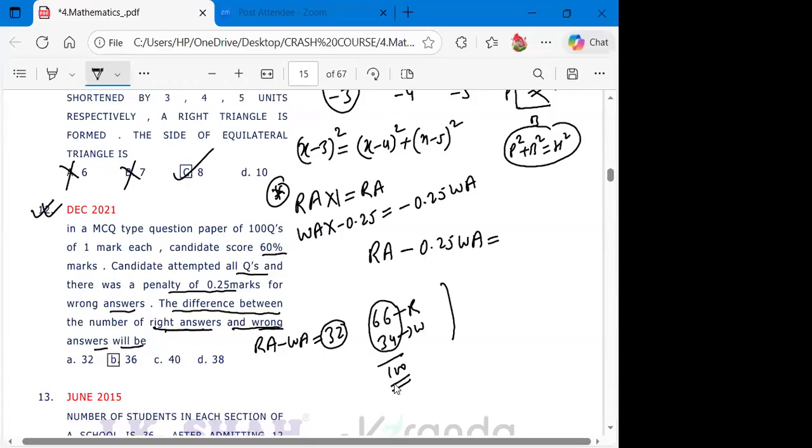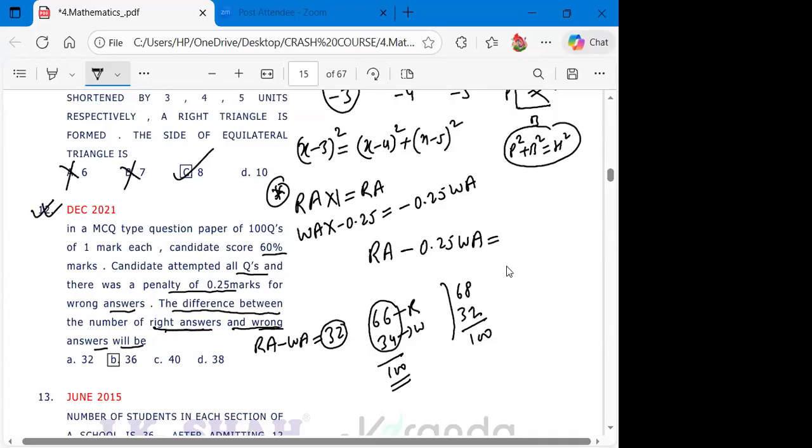The numbers must total 100 with a difference of 36. Can I say 68 and 32 here? Again, the total is 100 and the difference is 36.